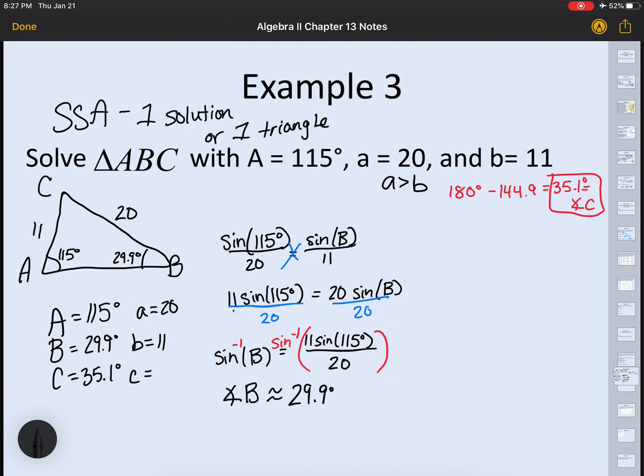And lastly, we got to get side length c. Okay. So again, we could set up our proportion with the law of sines. So we know angle A is 115 degrees all over side length a. And we know C's angle now, which is 35.1. And we're trying to figure out side length c. Again, cross multiply.